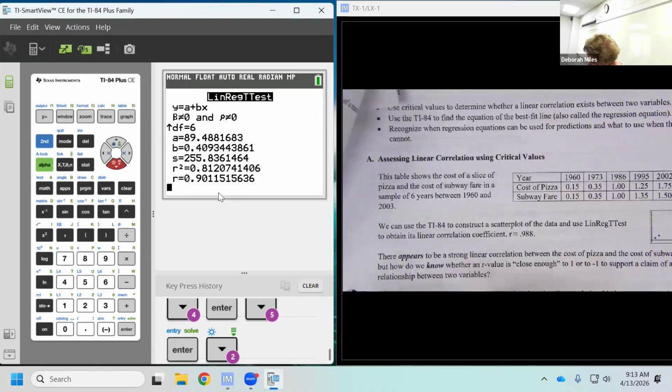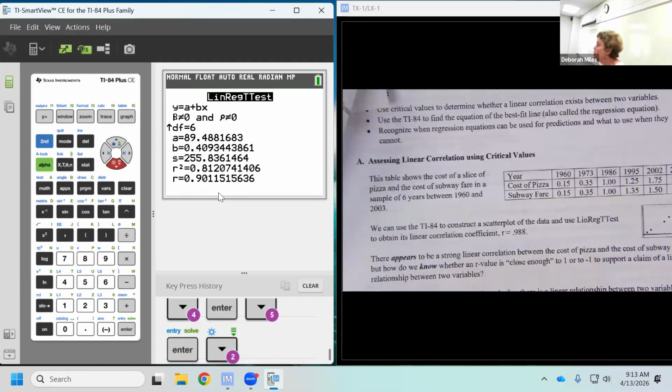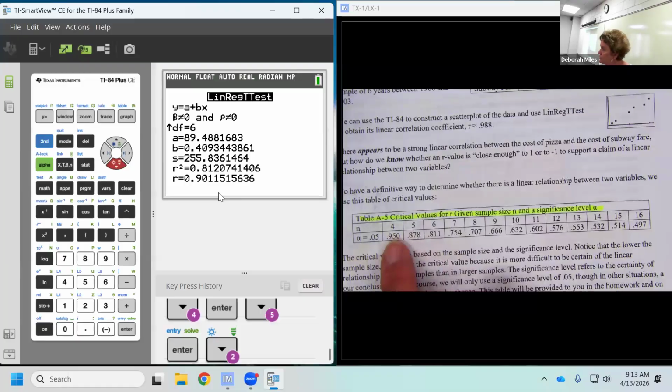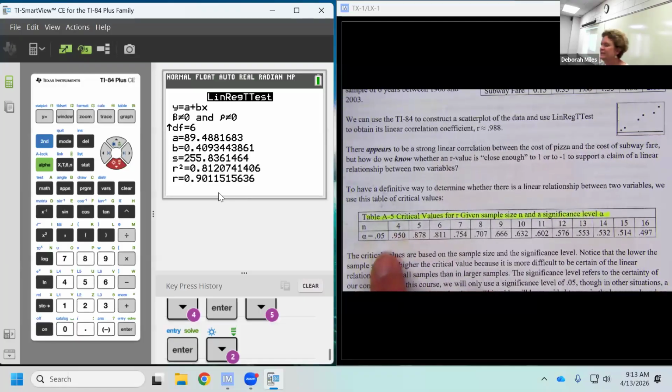Do you use one table for every problem? Yes. Critical values are only based on the sample size and the confidence level or significance level. I could add other rows for other significance levels, like 0.01 or 0.1, but all of our homework problems just say significance level 0.05, so I only gave you that row.